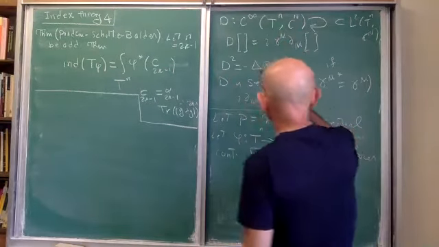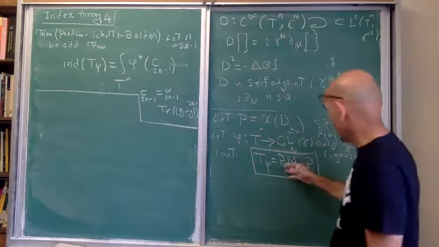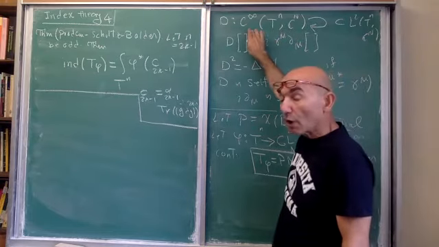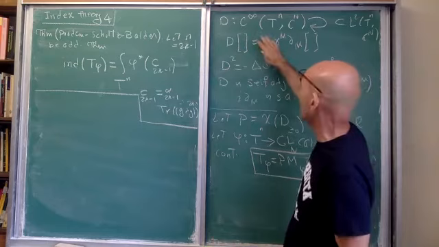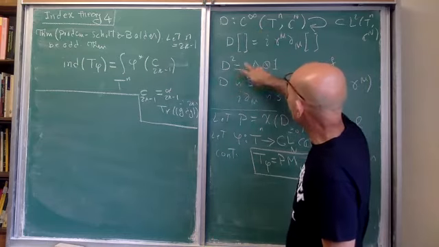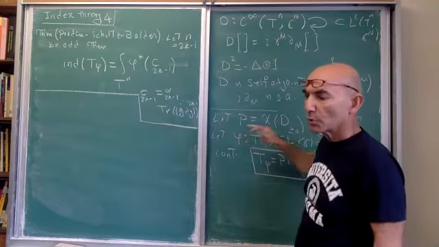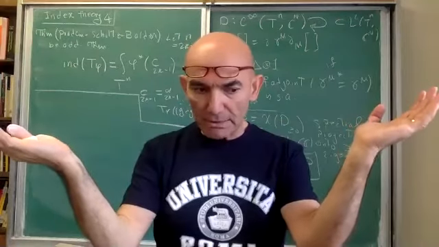Well, this operator is okay because I don't need any extension of D. I just use D to define this projection P. Remember? You just take these positive eigenspaces and complete it.